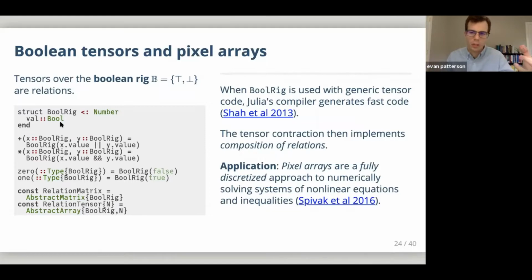Every time you see one of these structs, you have to pull out the value, do something, and put it back in and make a new thing. That is very inefficient.